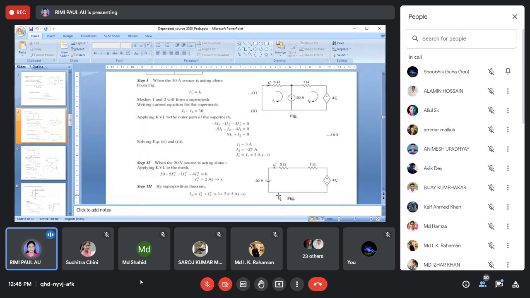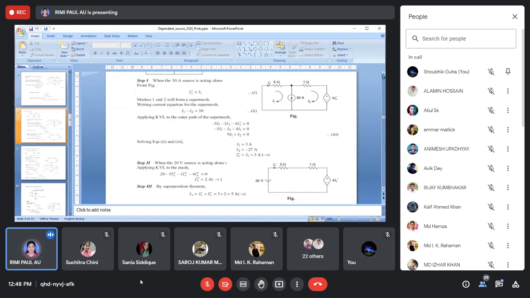So in this way you can check. What I want to tell you is that if you apply superposition theorem, then you are getting the 5 ampere. If it is not mentioned that you have to apply superposition theorem to solve this problem, then you can also use nodal method or mesh method. When two sources are acting, you have also got that the answer is 5 ampere.